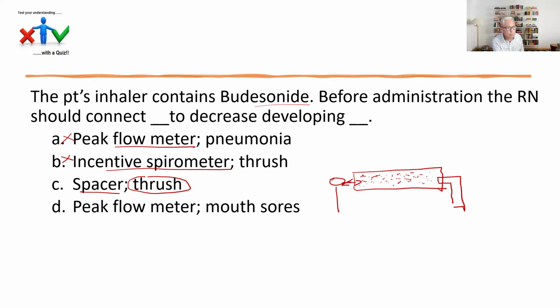So it will give the patient more opportunity to get the drugs going into the lungs. The problem with regular inhalers is that they need to be timed sequentially with the breathing pattern. And that is why a spacer is much better than a regular inhaler.